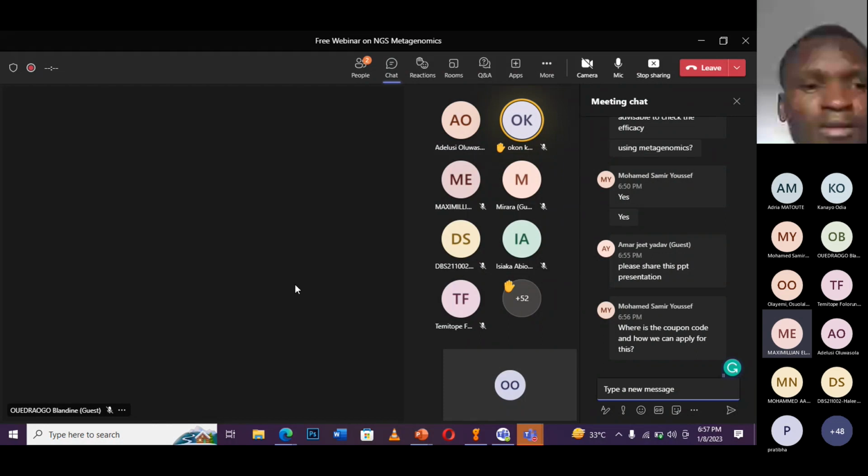The analysis is from the genetic sequencing. It's after sequencing. Is that clear? No, for metagenomics, let's assume I want to do metagenomics of the fungi community in a feed sample.